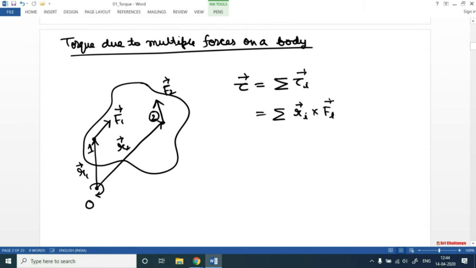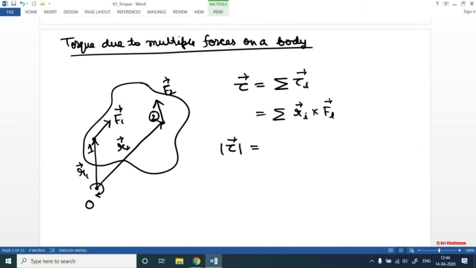Okay, so in order to find out the magnitude of the net torque over here, in this simplified case, when the direction of torque is either inward to the plane or outward to the plane, writing down the magnitude of this torque becomes easier.